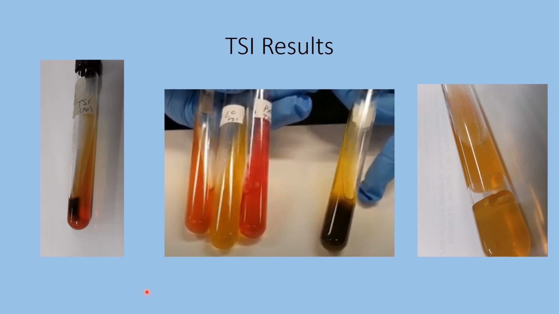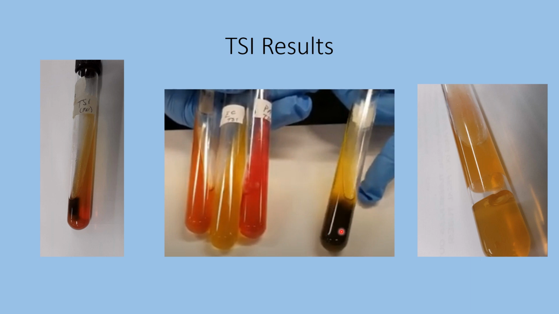You do record the 2 separate results when you're recording them. You record the alkaline as ALK, acid is recorded as A, gas is recorded as G. And so you have to record the butt versus the slant. This one is negative and negative. This is acid, acid. This is alkaline, alkaline.